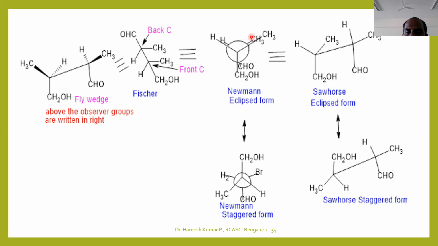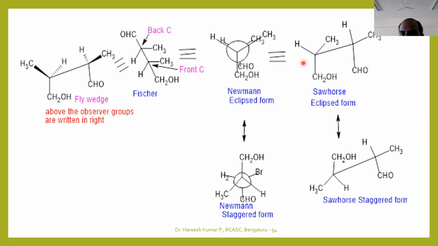Once you know the conversion into an eclipsed form, you can convert into a staggered form just by rotating the front carbon by 180 degrees in a clockwise direction. That means this CH2 group will go and sit on the top. When the CH2 group is sitting over here, CH3 will come over here, H will come over here. That's the staggered form.